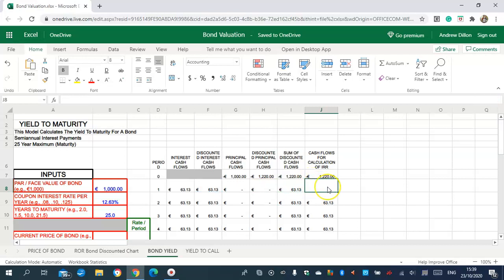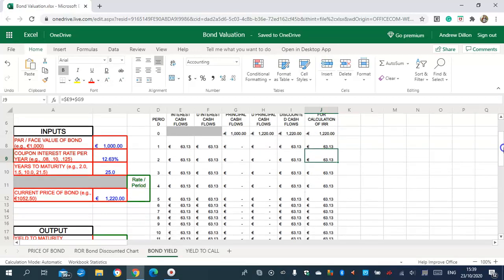Calculations for the cash flows of the internal rate of return. Okay, again, rate and period.